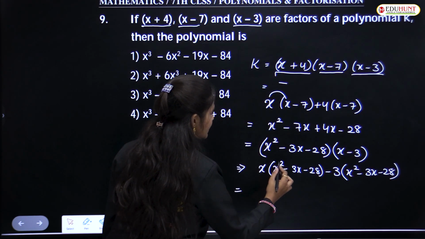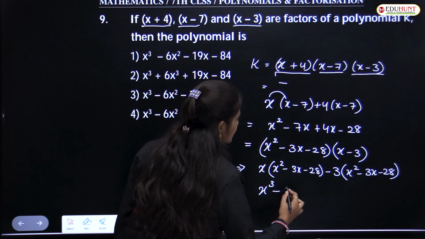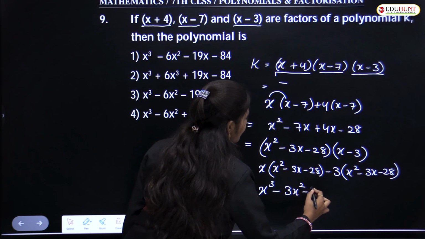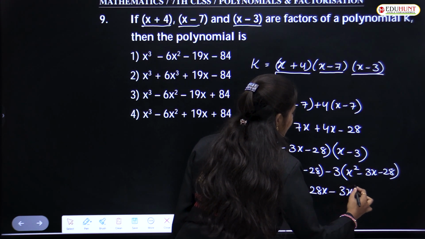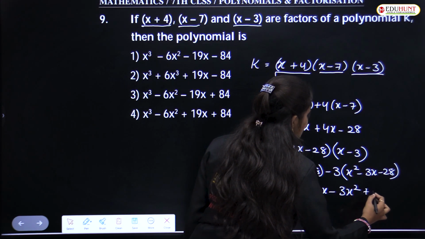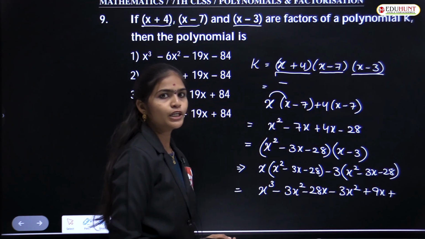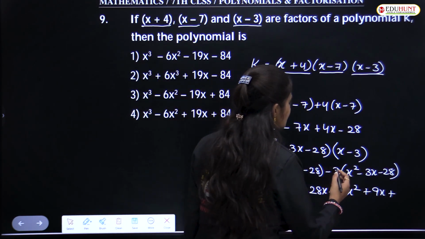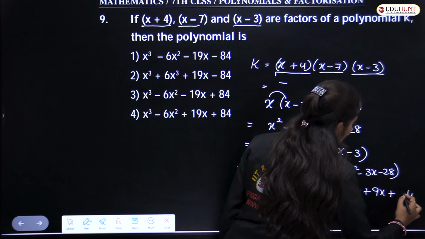Which is equal to x into x square is x cube, minus 3x into x is minus 3x square, minus 28x. Minus 3 into x square is minus 3x square, minus into minus is plus, 3 into 3x is 9x, plus 28 into 3. So 28 into 3 is equal to 3 8's are 24, and here 3 2's are 6, plus 2 is equal to 8.